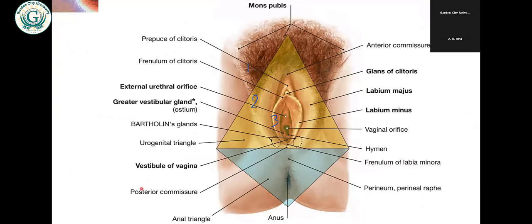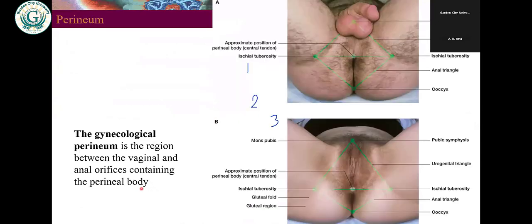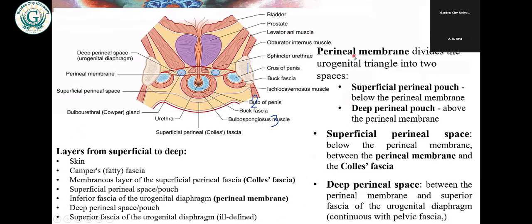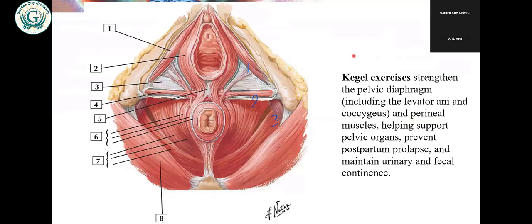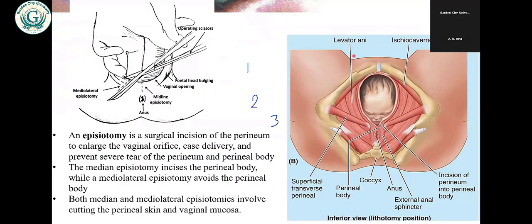So once again, I was just showing you the perineum, the gynecological perineum, where we have the perineal body. Then of course the episiotomy, where they have to enlarge the vaginal orifice: the midline and the mediolateral episiotomy.